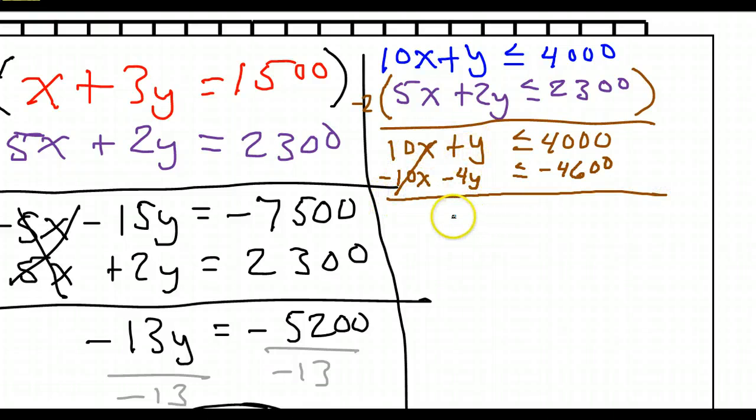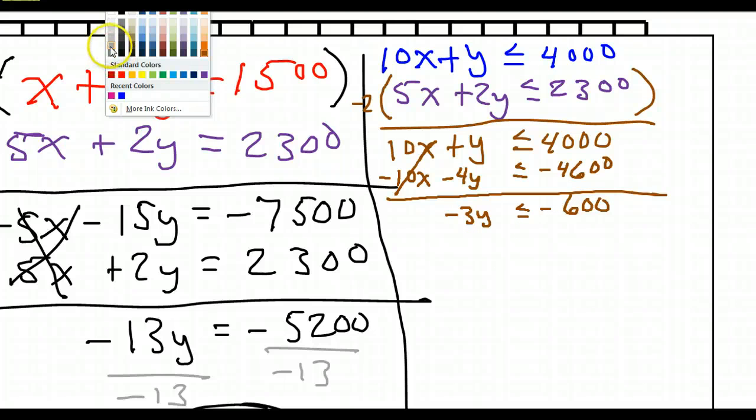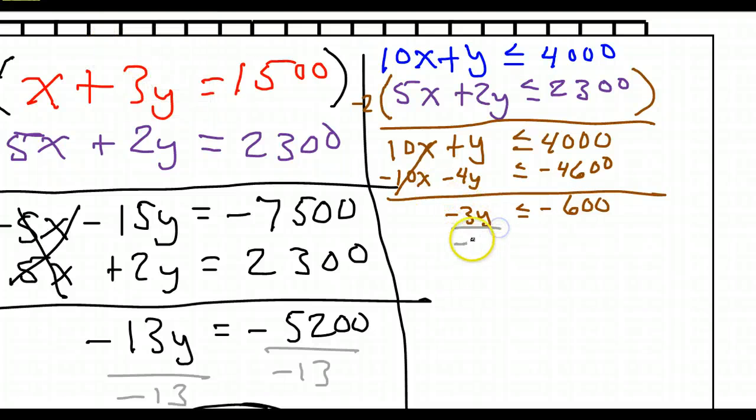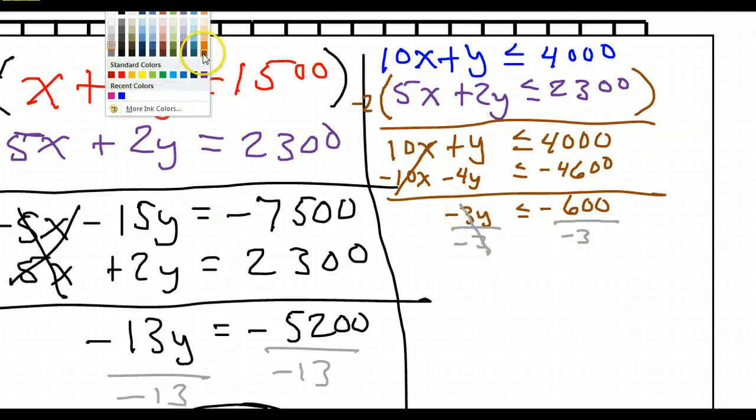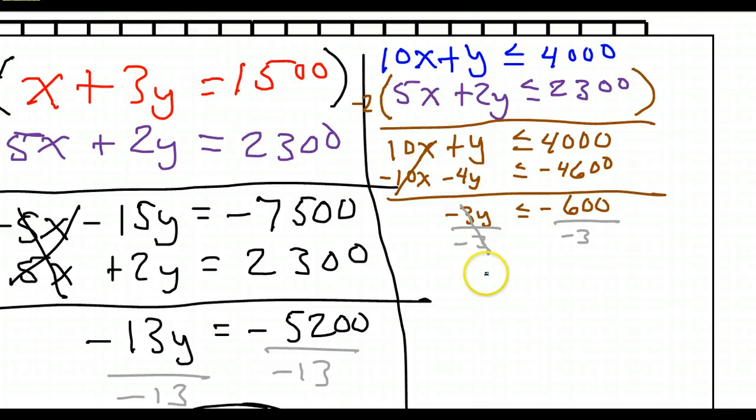Alright, so putting these together, that's going to give me -3y is less than or equal to -600. Now we have to divide everything by -3. Okay, so that's going to give me y is less than or equal to positive, wait, oh, you know what, I meant to be using equal signs this whole time.